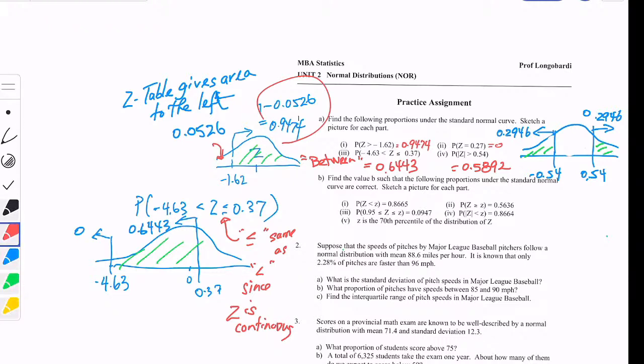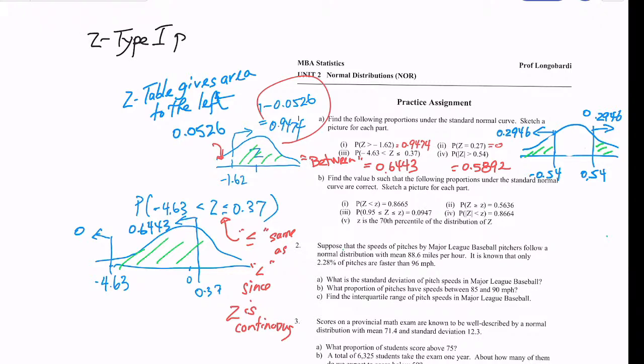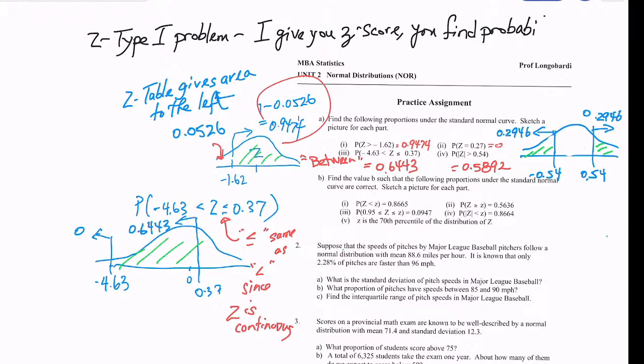I give you a question and you go directly into the z-table for the probability, percentage, or proportion of observations, or the chance of an observation being less than, greater than, or between certain z-scores, okay?